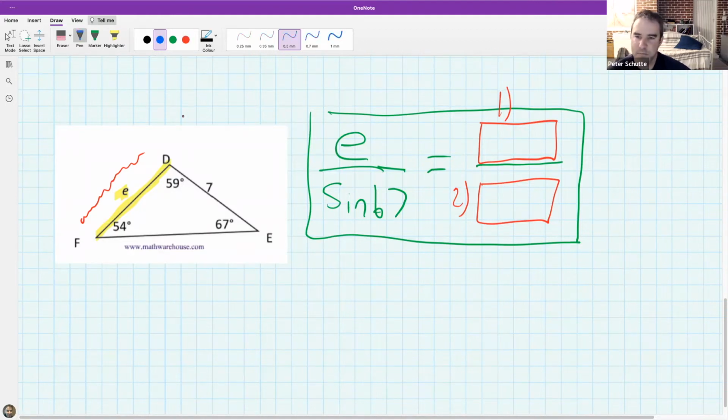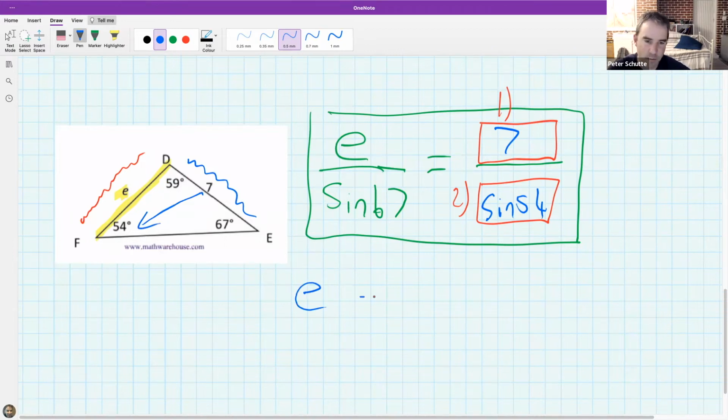So I see Musa has given, and a couple of you have. You're going to put 7 over here, and then below that, you're going to put the sine of 54, because this bit over here matches that pair over there. Now, what is the value of E going to be? That is the final answer that I'm looking for.